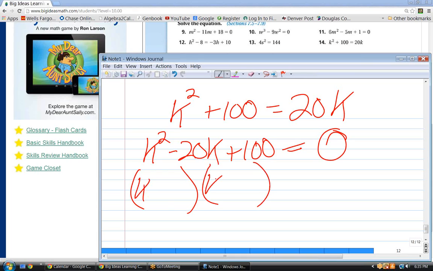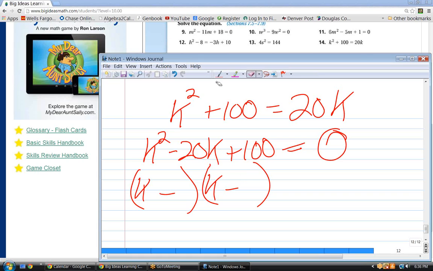And then minus. Factors of 100 that add to 20, right? That add to 20 because of that plus sign?